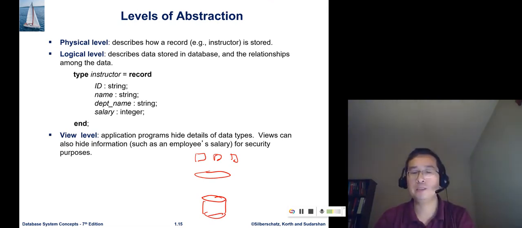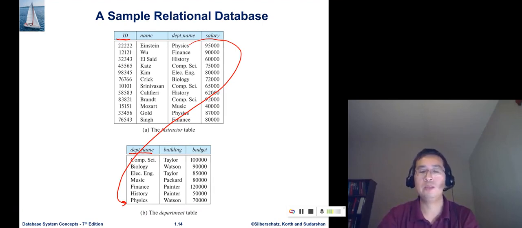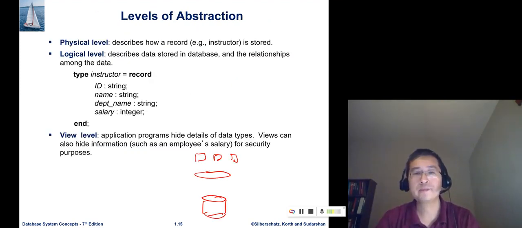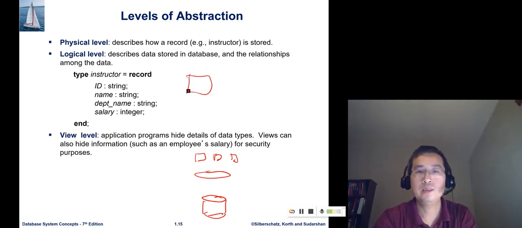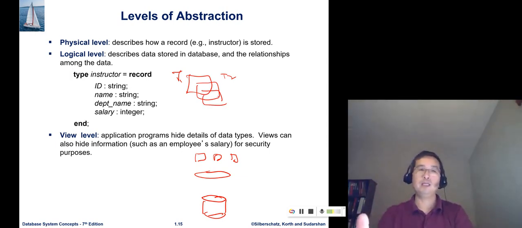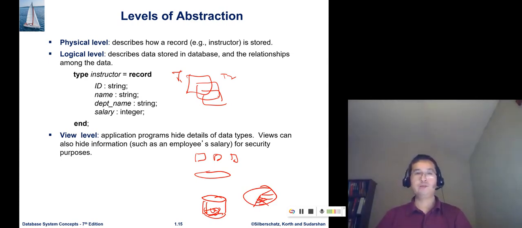This database has instructor, department, students, courses, maybe sections and so on, registrations. That's how we understand the database. It's just tables: table 1, table 2, table 3. And data is stored based on the disk, and on the disk we have sectors. So we may save similar data in one sector, close to each other. That's related to the operating system.